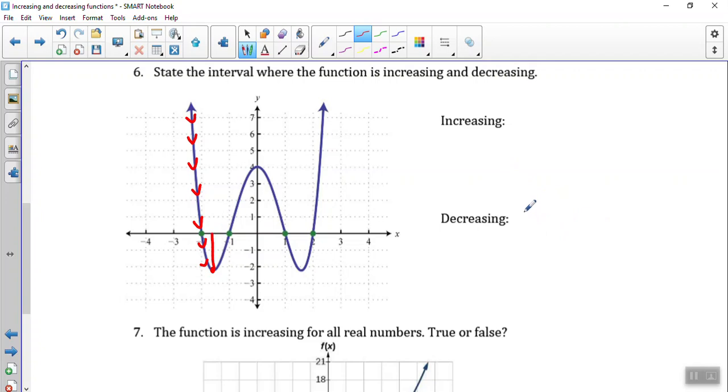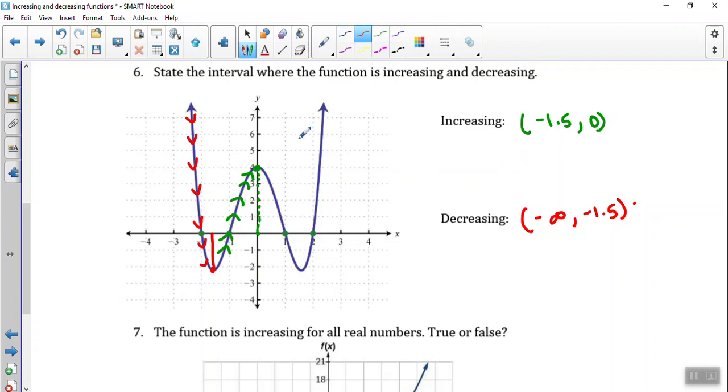So I'm going to say it's decreasing from negative infinity to negative 1.5. And then at my turning point, it starts increasing until here. So it increases from negative 1.5, that's my turning point, until x equals 0.